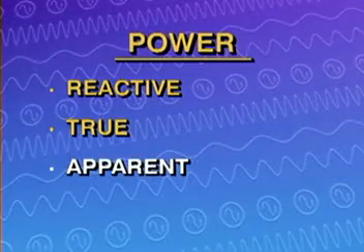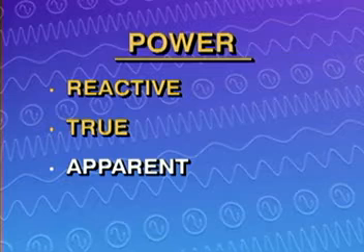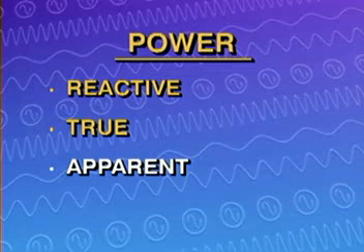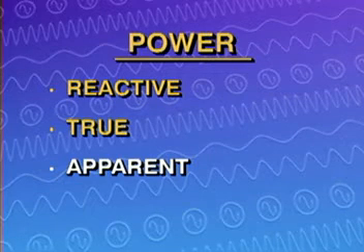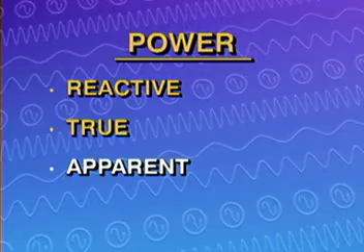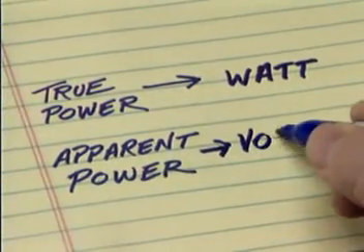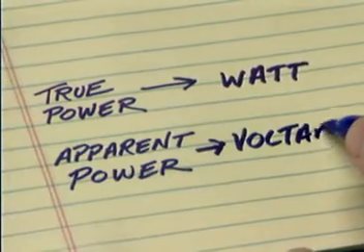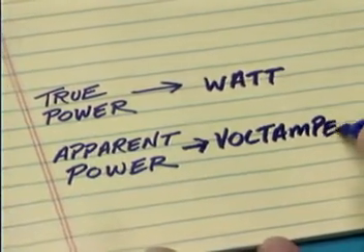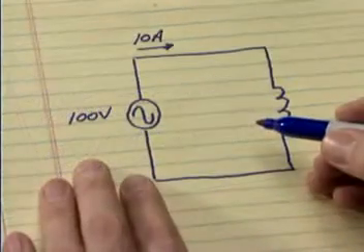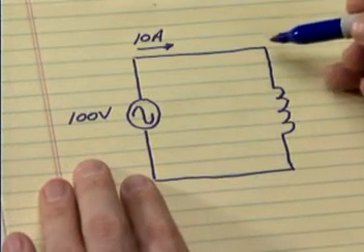A third type of power, apparent power, is equal to the product of the effective voltage and the effective current. Apparent power calculations ignore any phase differences that may exist between current and voltage. And while the watt is the designated base unit of measurement for true power, the base unit used for apparent power is the volt-ampere.